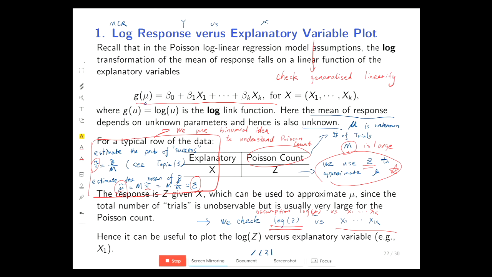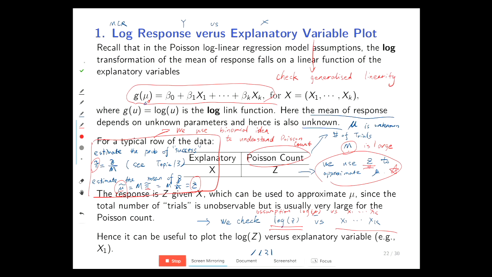The idea is from the assumption itself, because in the assumption we assume log of mu is a linear function of experimental variable. So in order to check it, we need to find something to approximate mu. And here, by using this binomial idea to interpret the Poisson count, we can find that we can use z to approximate mu.